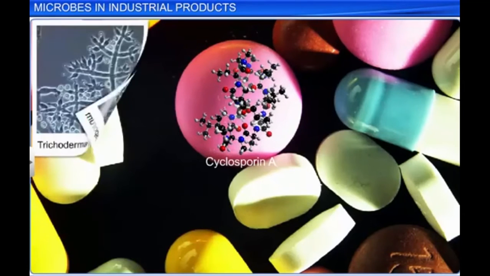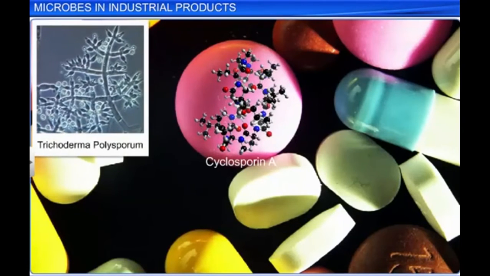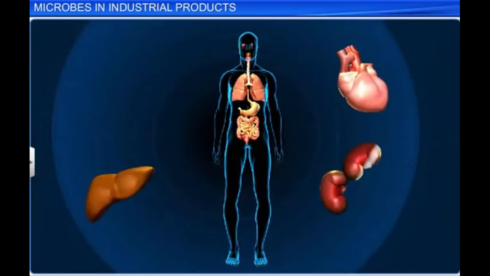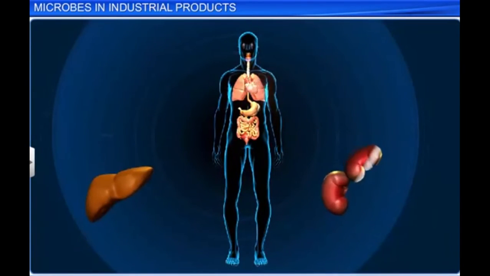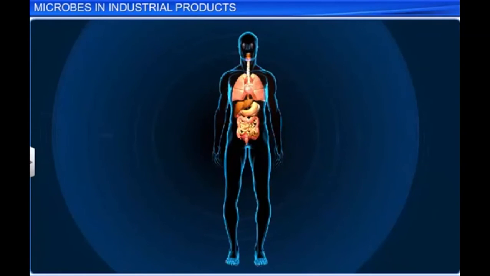Cyclosporin A is another useful microbial offering by the fungus Trichoderma polysporum. It is administered as an immunosuppressant to organ transplant patients so that their immune system doesn't reject the transplant.